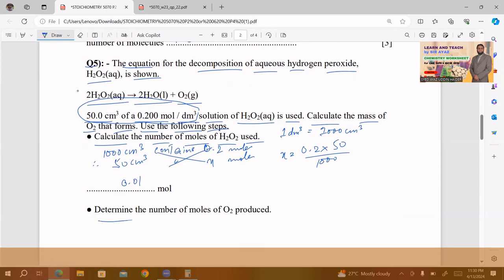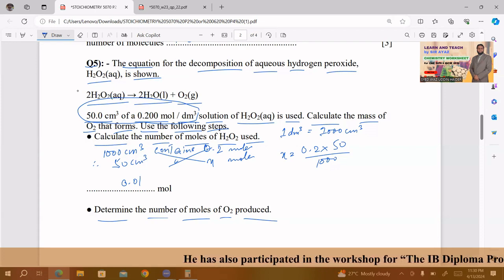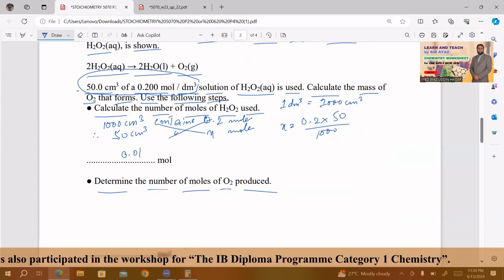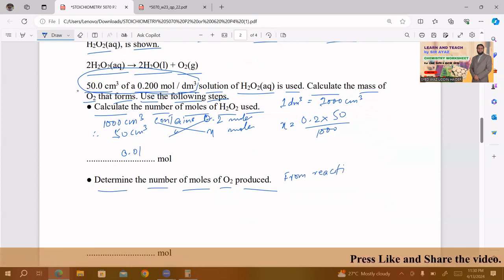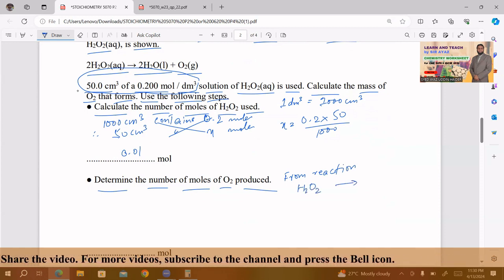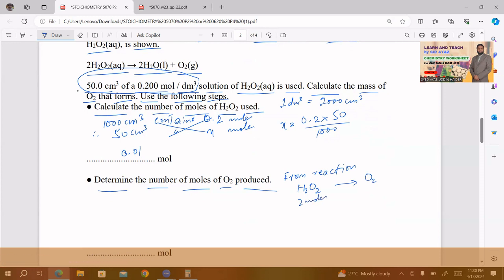Next part, determine the number of moles of O2 produced. Look at the relation from the reaction. From the reaction, H2O2 gives O2: 2 moles give 1 mole of O2.